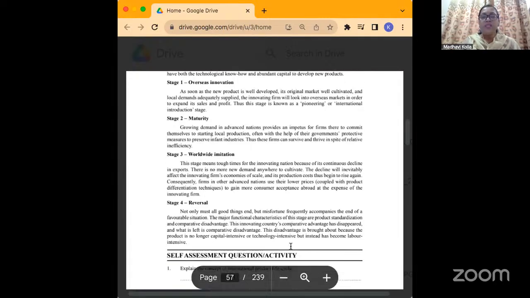Then we move to stage two, which is common for most product life cycles, that is a maturity stage. A maturity stage is where firms commit themselves to starting local production, often with the help of the government's positive responses and measures to ensure that certain infant industries are preserved. What are these industries? That means industries which are in the early stage.